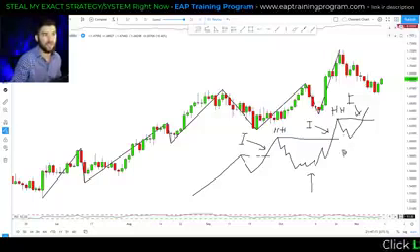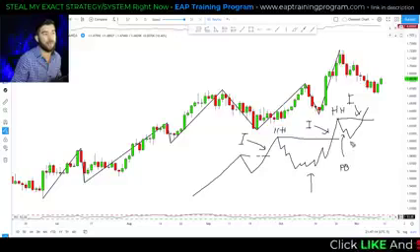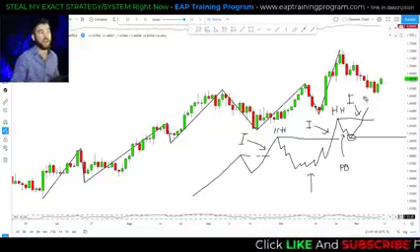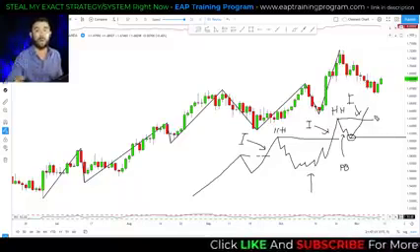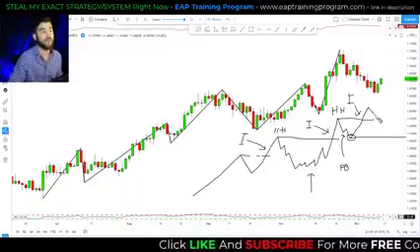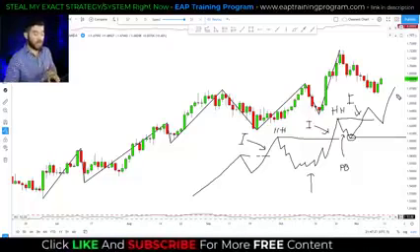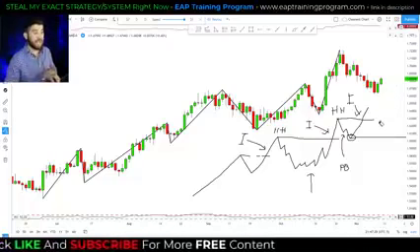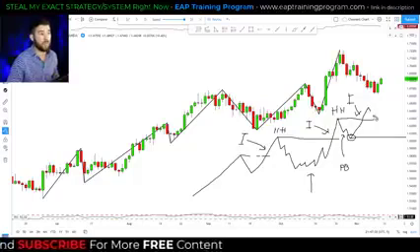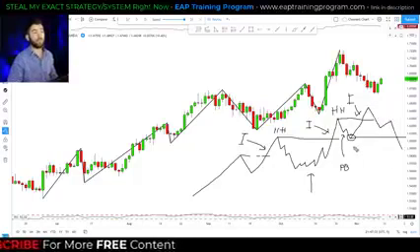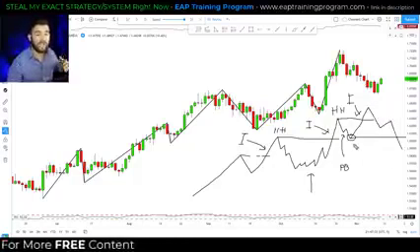We cannot see the low of our pullback broken. Where's the low? That's the lowest point price got to in this pullback. As long as the market stays above that level and continues making higher lows and higher highs, then we're still in an uptrend. What we do not want to see is the market come down and break below that previous low of the previous pullback.